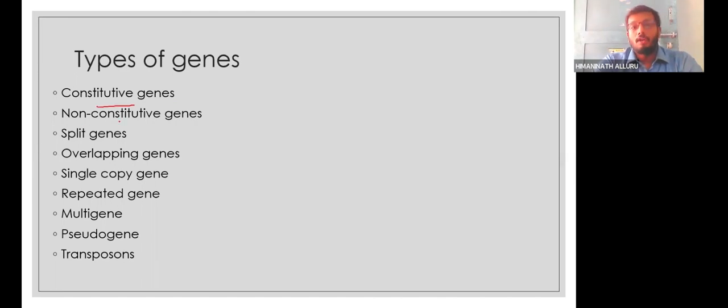Whereas the non-constitutive genes, also called special genes or luxurious genes, are given different names. They will express only if there is a need; if there is no need, they won't express. Such genes are called non-constitutive genes, whereas the constitutive genes will be expressing all the time.